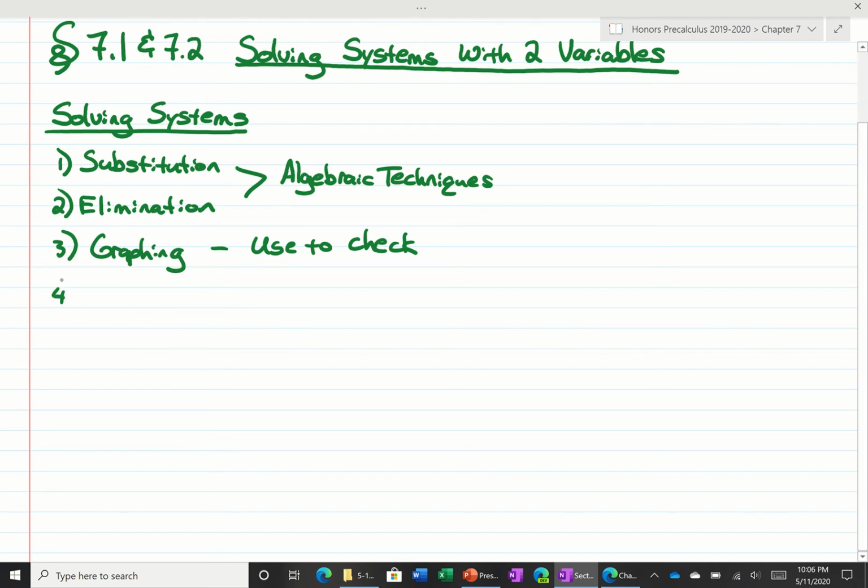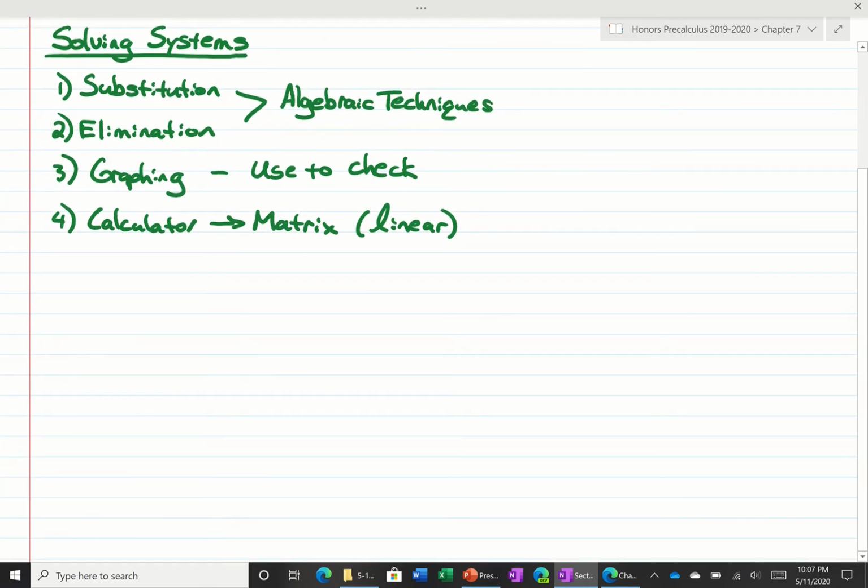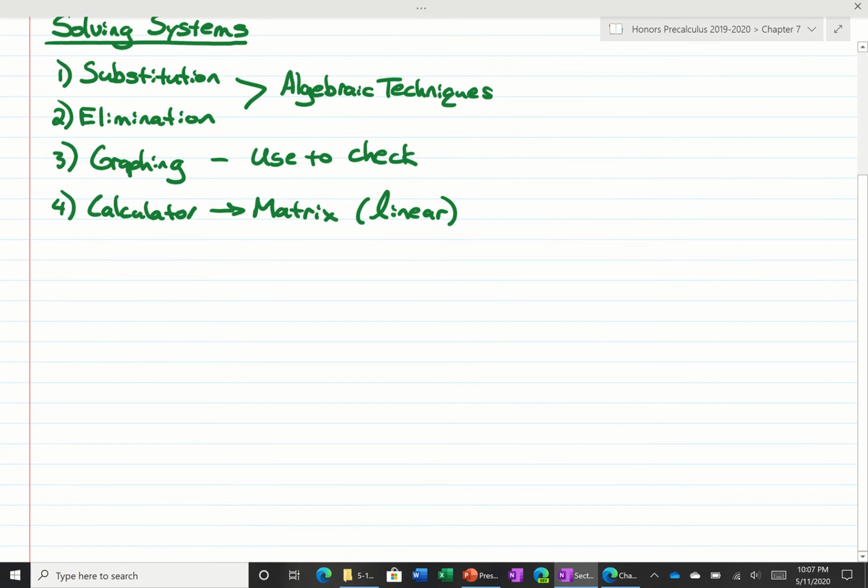We could also use a calculator. On the calculator, we could turn a system into a matrix, and then we could solve it. This only works for linear systems. Today what I wanted to do is just focus on the algebraic techniques.